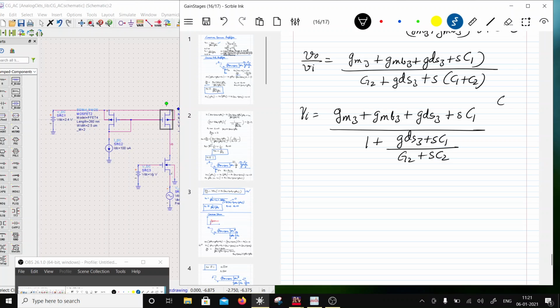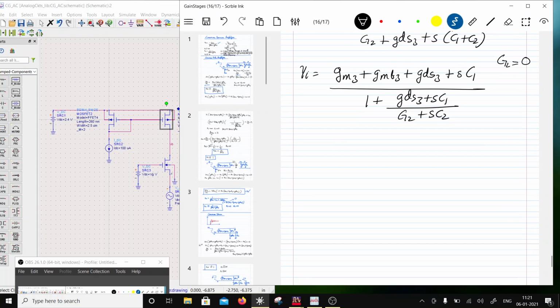Okay, so GL I'm assuming to be 0, right? So now I have, this is YI plus it will be SC in.